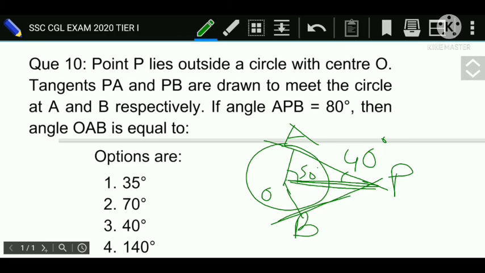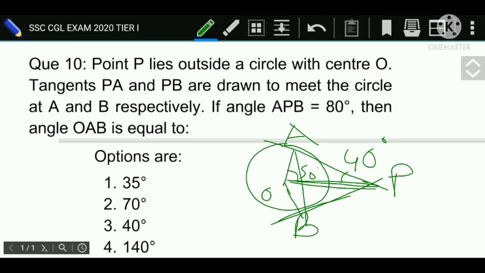Now what is asked? Angle OAB is asked. Once this complete angle is 100 degree, and OA and OB are equal sides making equal angles, 180 degree minus 100 equals 80 degree. 80 degree divided by 2 is 40 degree.